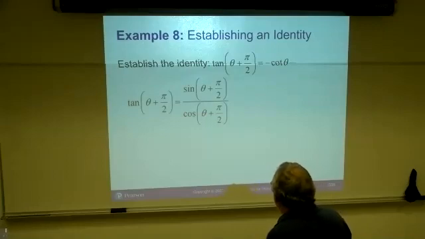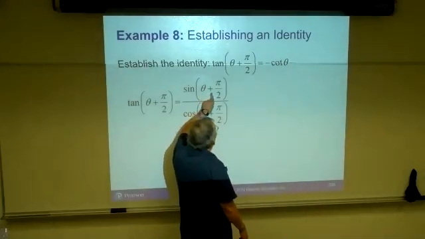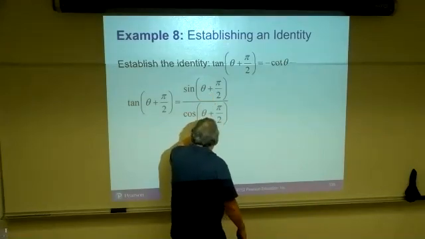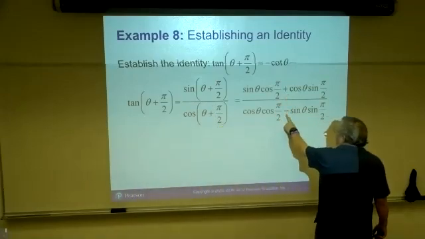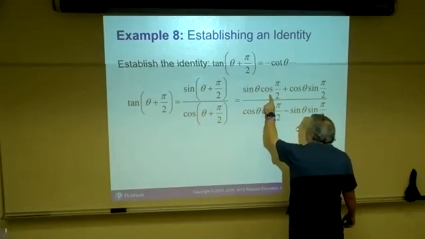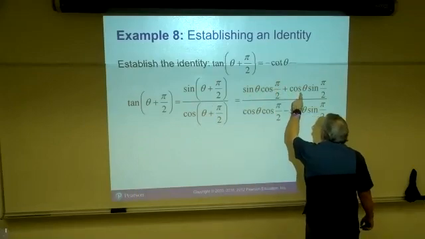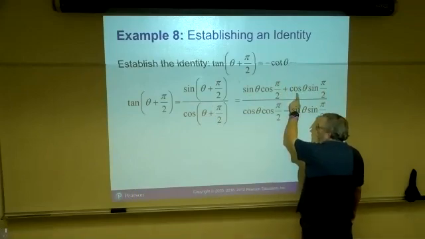What they did here was use the add formula for sine and the add formula for cosine to get these two entities. Cosine of pi over 2 is 0, so sine theta cosine pi over 2 goes to 0, so all we're left with is cosine theta times sine of pi over 2, but sine of pi over 2 is 1, so the numerator is just cosine.